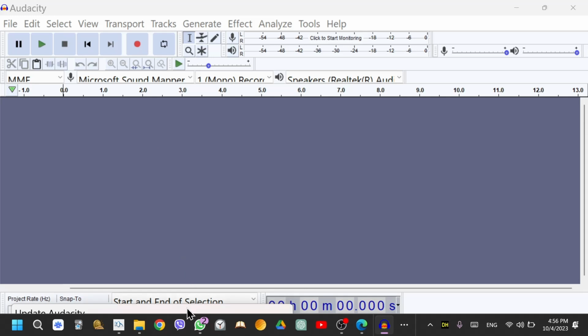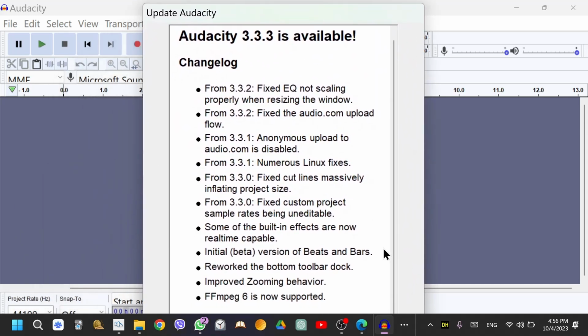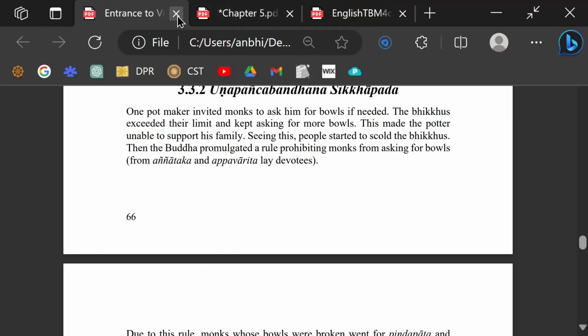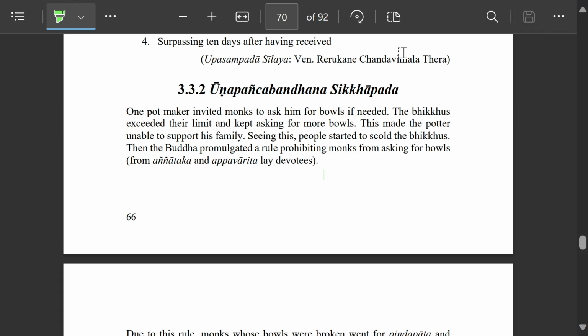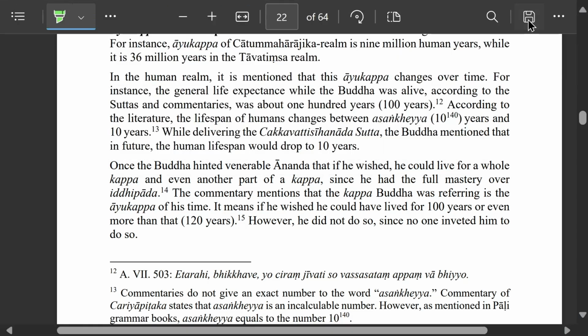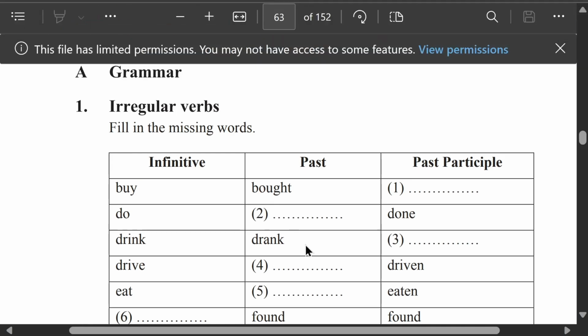Because of this window. You close the record spot. This one, save. Here, irregular verbs.